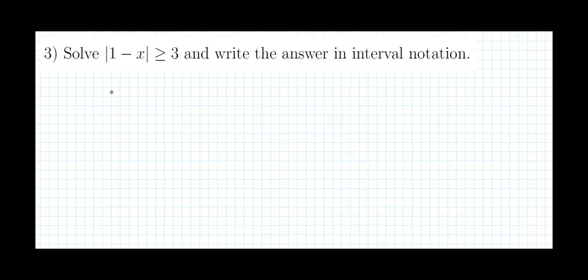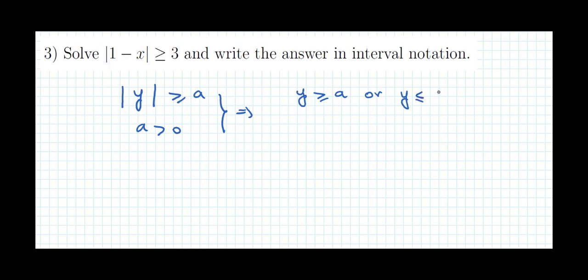In the last question of this exercise, we have to solve the inequality absolute value of 1 minus x greater than or equal to 3, and also write the answer in interval notation. We recall that when you have the absolute value of y greater than or equal to a, and a is a positive value, this is equivalent to saying that we have either y greater than or equal to a, or y less than or equal to minus a.